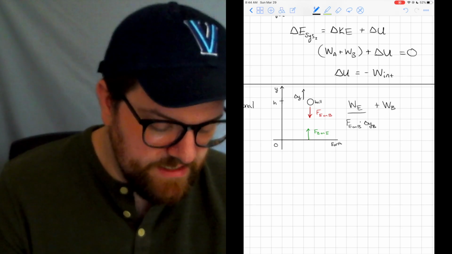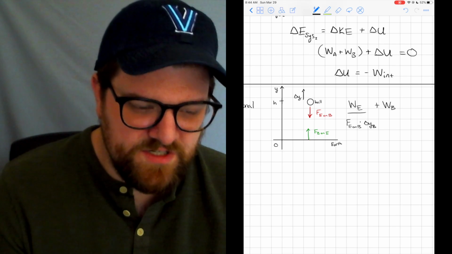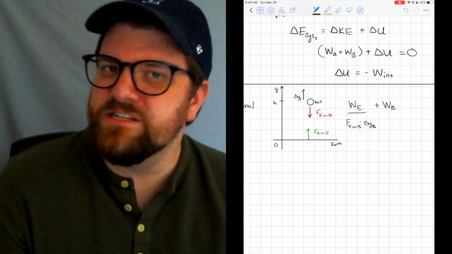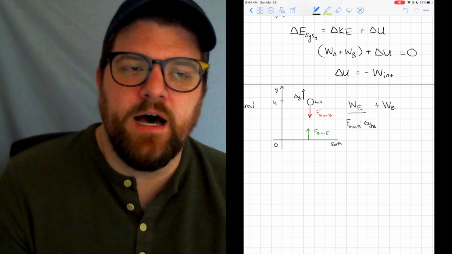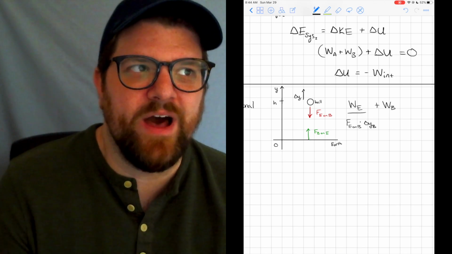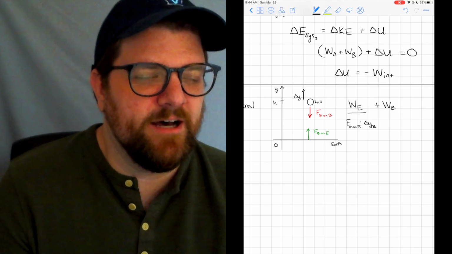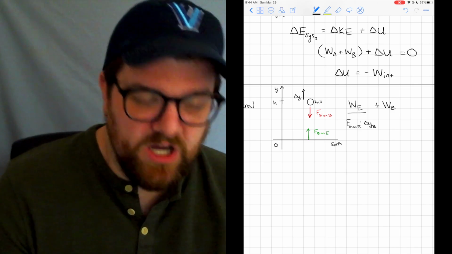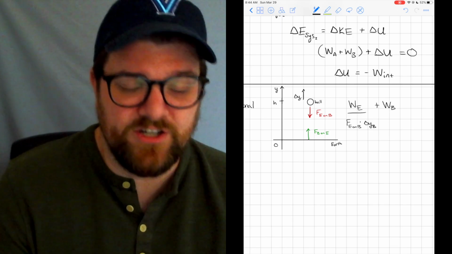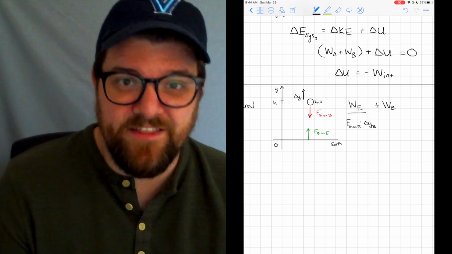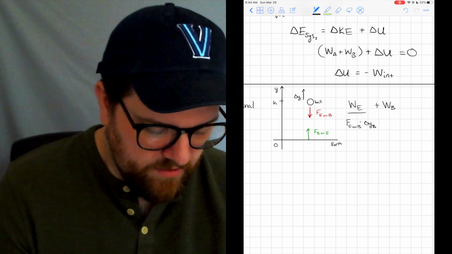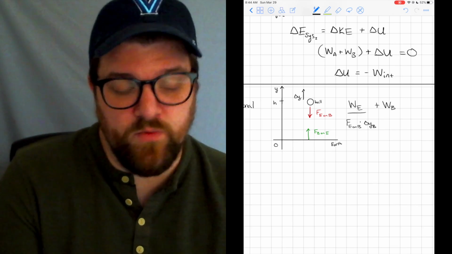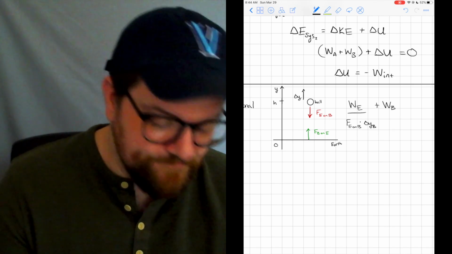But it's also key to remember that the force of the Earth on the ball really doesn't change a whole lot until we start getting to altitudes like far above Mount Everest. We're talking large amounts of altitude there to really change the force that a ball would feel from the Earth. So we're going to approximate it as a constant force. That's why we're not doing an integral here.